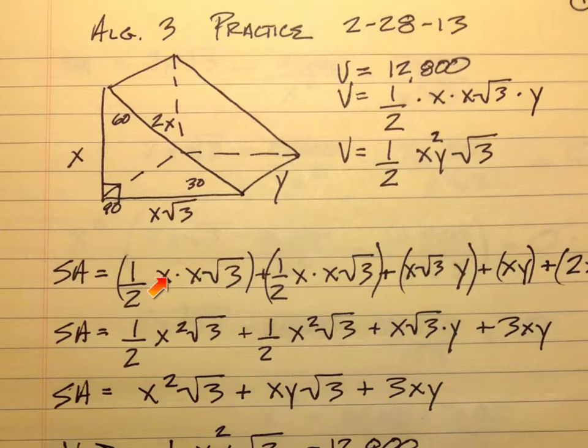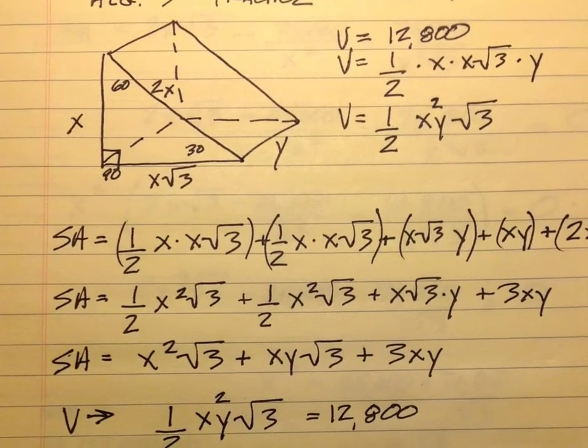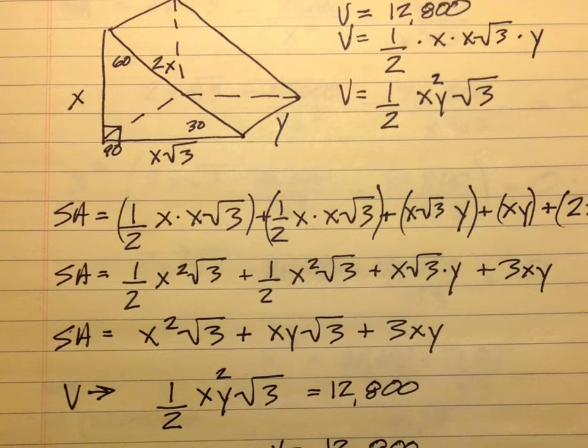Now of course, if you have this for the front face, the back face will also have 1/2 x times x square root of 3. So you have 2 of them. Now this one, x square root of 3y, is dealing with the bottom side. It's the outline here on the very bottom. This times this gives us the area of the bottom.